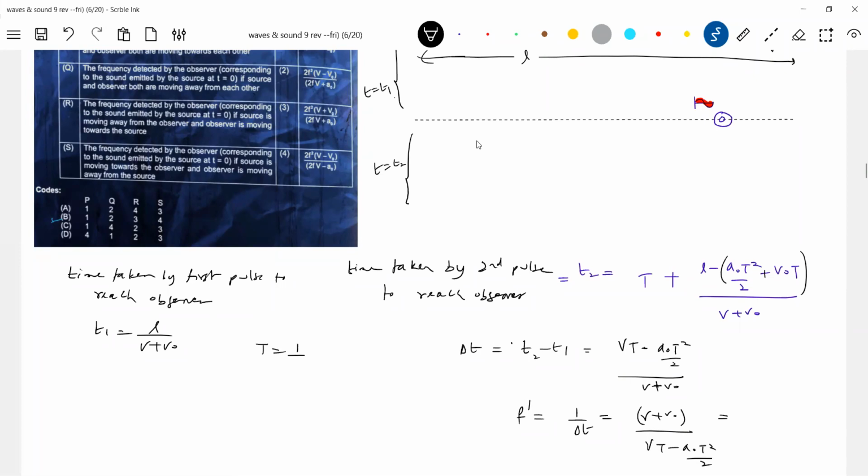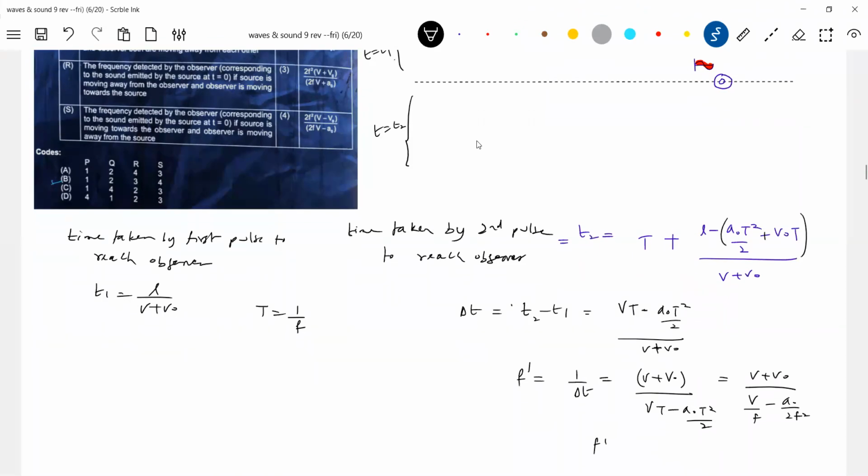So shall we write T equal to 1 by F? V plus V naught, V by F, a naught by 2F square.